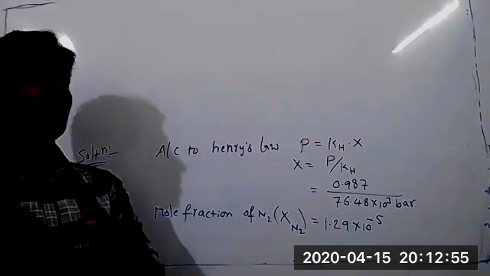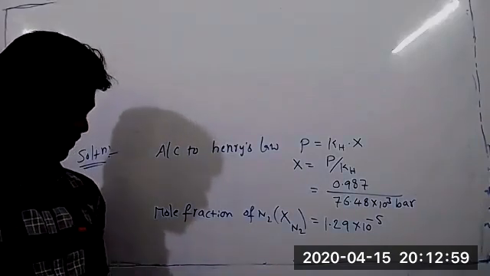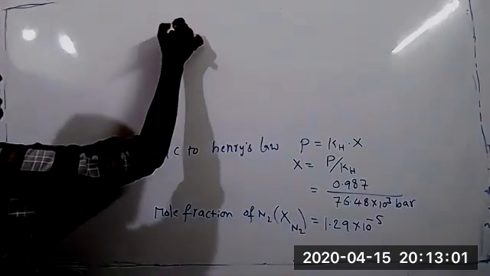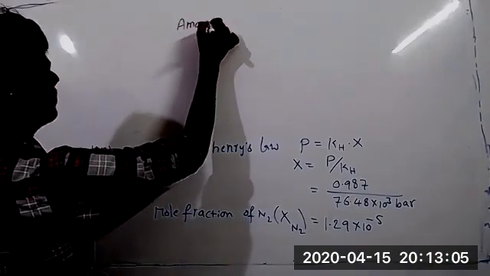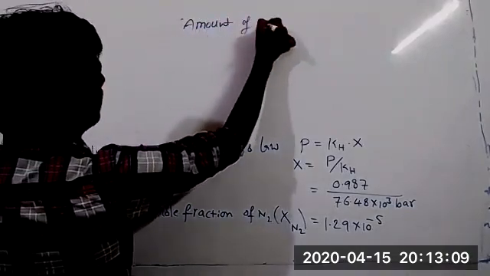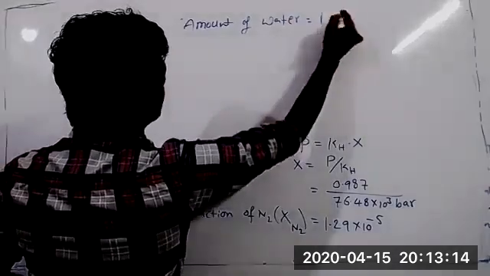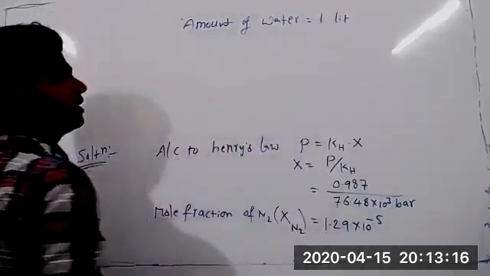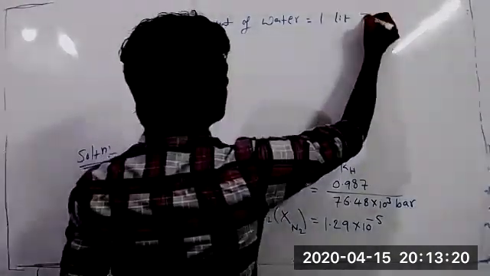How much water is given in the question? 1 liter, which means 1 kilogram, since water density is 1 gram per cc.